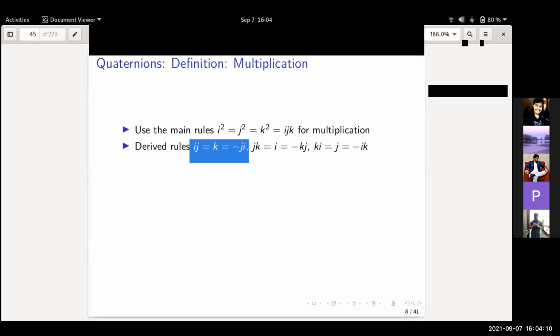Associativity of multiplication, sir. Yes, you can put the braces anywhere. That is why in the ijk braces were not put at all. So that associative property is also there. You are right. So we assume that this is associative. Yeah, the associative law we are assuming.